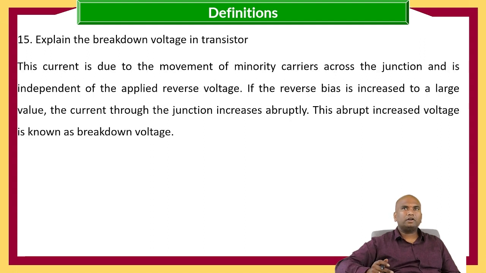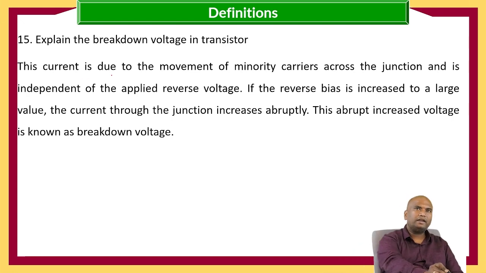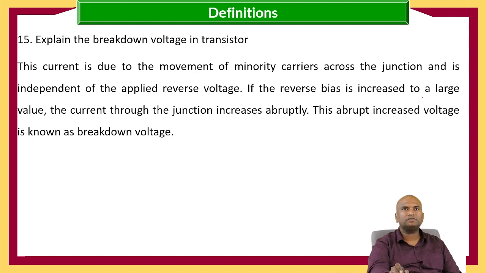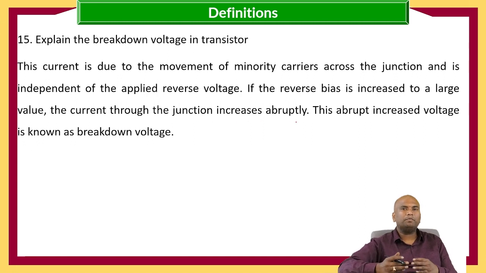Explain the breakdown voltage in transistors. The current is due to the movement of minority carriers across the junction and is independent of the applied reverse voltage. If the reverse bias voltage is increased to a large value, the current through the junction increases abruptly.